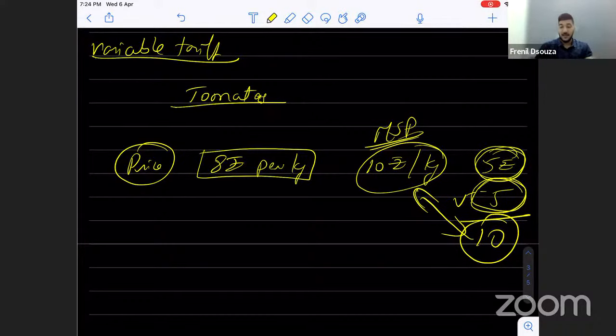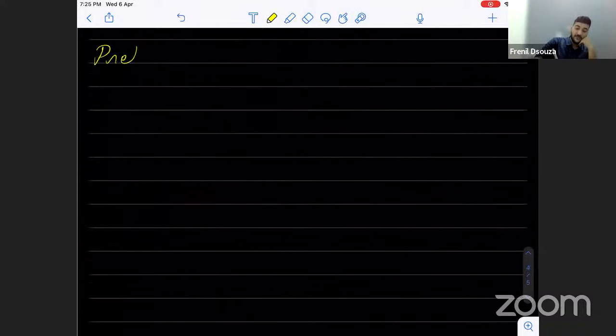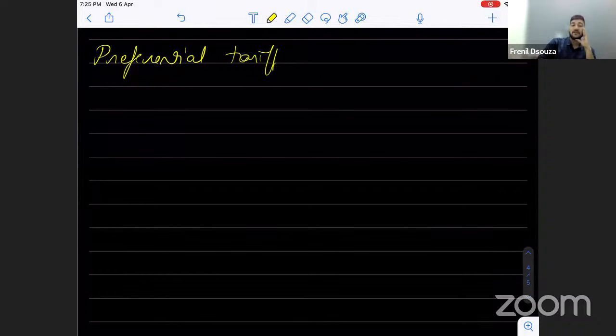Let us go to the next type of tariff. That is called preferential tariff. Now, see, all the countries in the world are part of at least one preferential trade agreement, under which they promise to give another country's products lower tariffs than the MFN rate.